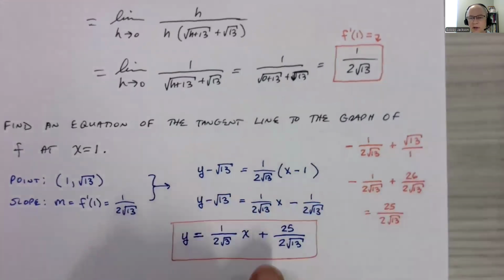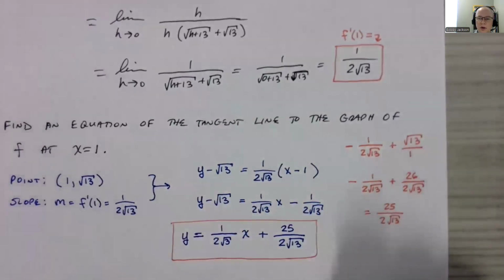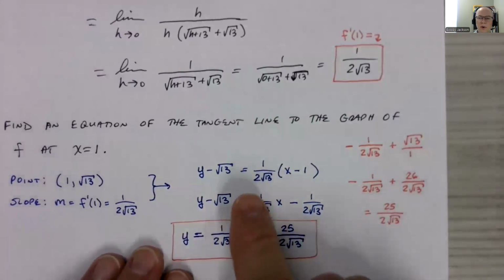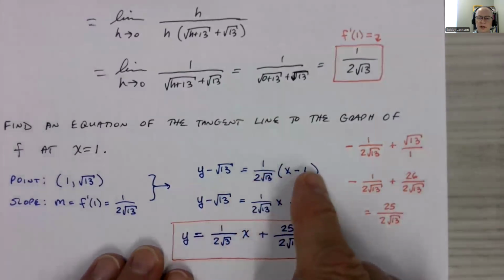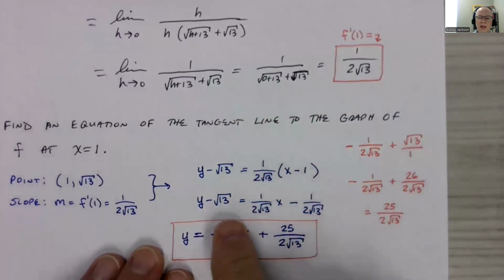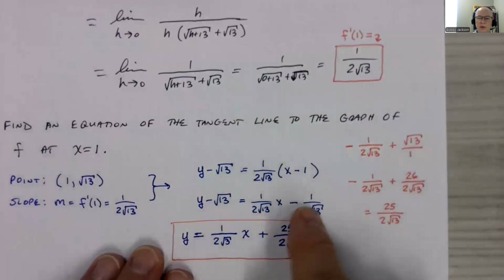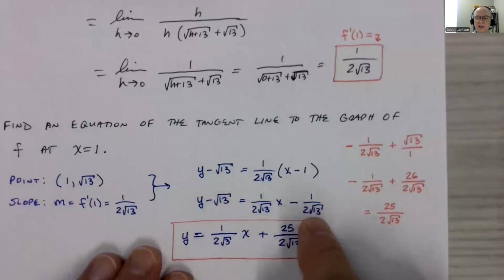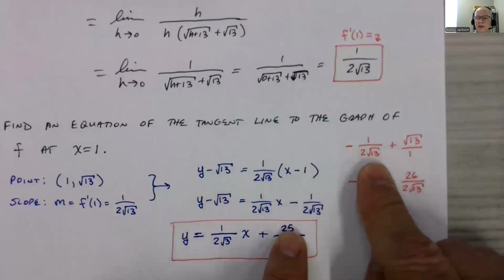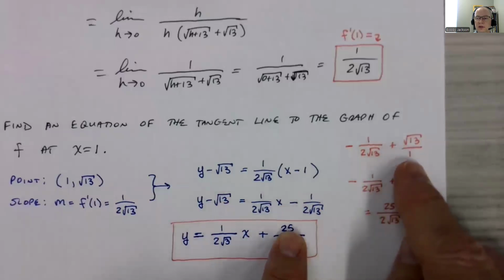Not the nicest looking numbers to work with, but we can solve for y. Be careful here. Distribute the 1 over 2 root 13. So times x just gives me that. Times negative 1 gives me that. And then to solve for y, I need to add the square root of 13 to both sides. Well, what do I get when I add the square root of 13 to this expression? Adding the square root of 13, I can think of it as square root of 13 over 1.